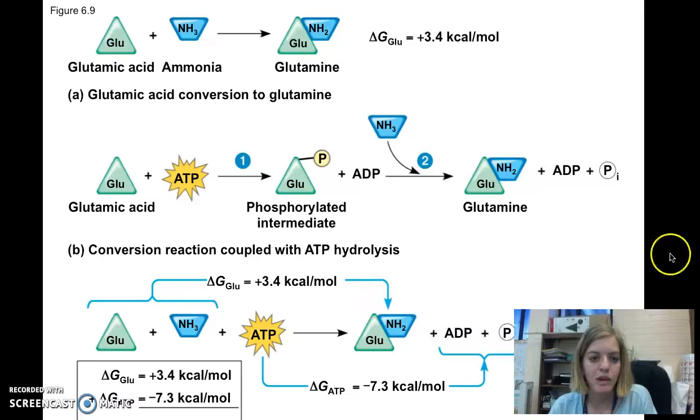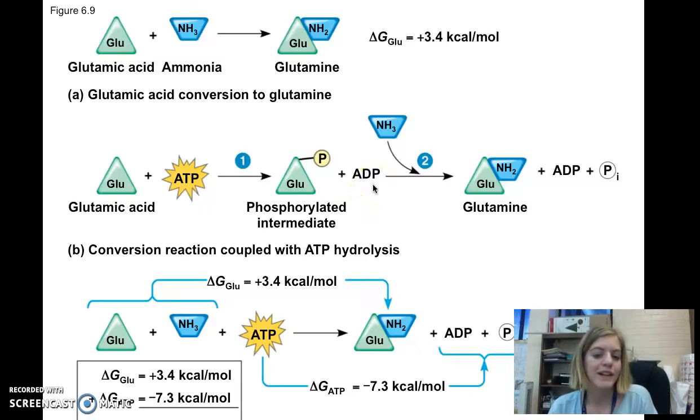So for example, when we add glutamic acid and ammonia together, we are converting it to glutamine. This is the overall chemical reaction, but an intermediate step requires the addition of ATP that produces this phosphorylated intermediate. So notice one of the phosphates gets added to the glutamic acid. So you lost a phosphate. Once again, this becomes adenosine diphosphate.